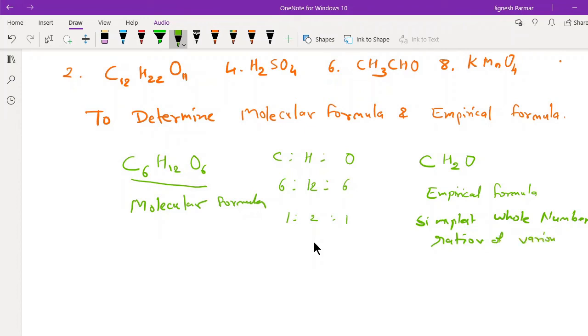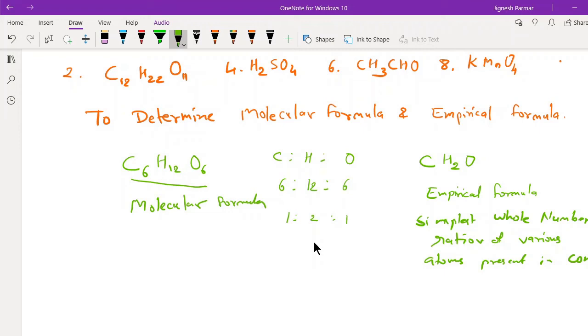You can see there are 3 atoms in this compound. This is what we have to understand, guys. CH2O is the empirical formula.